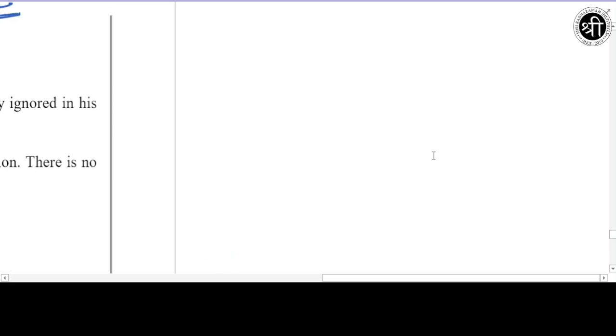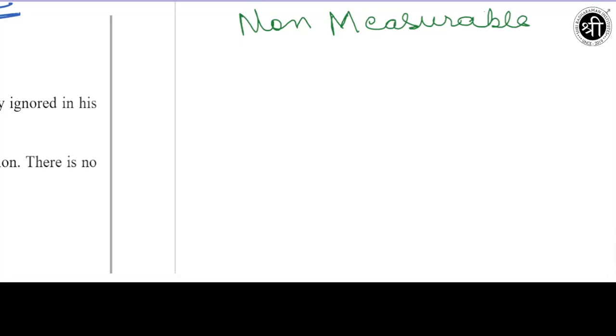We read in the features of utility that utility is non-measurable. We cannot measure utility, and obviously this is correct, but still for our benefit we can give a rating to something.